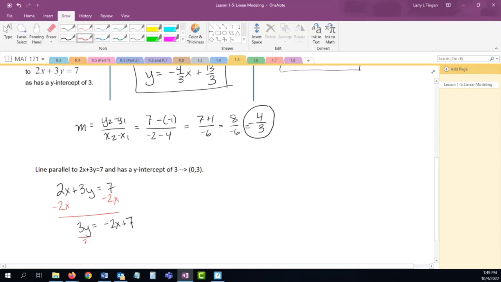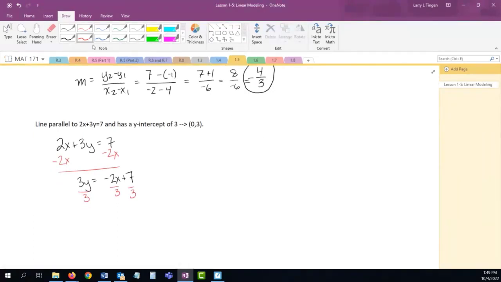I would love for y to be by itself because I'm doing my best to solve for it. Okay, so what does that leave me with? y is equal to negative 2/3 x plus 7/3.